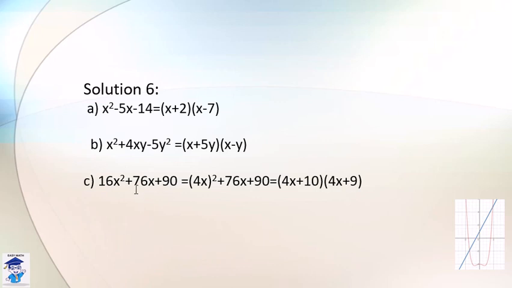And the middle one is 76x, so we double check: 4x times 9, and then plus 4x times 10, so totally is 76x, right? So the answer is 4x plus 10 times 4x plus 9.